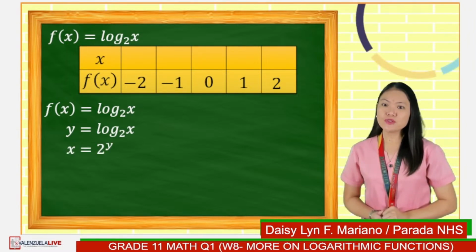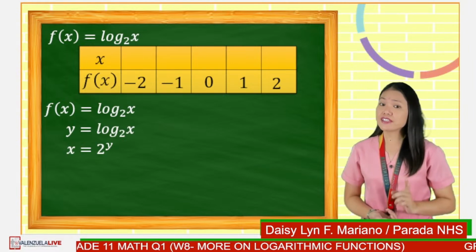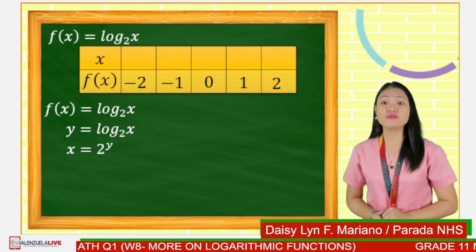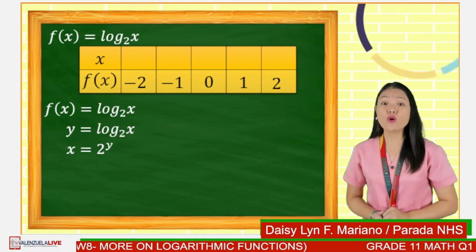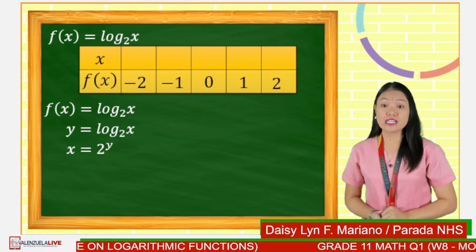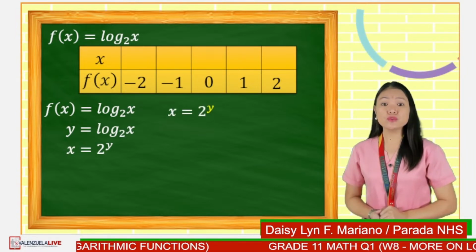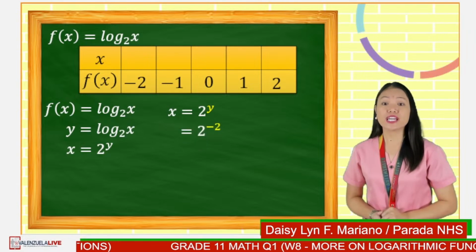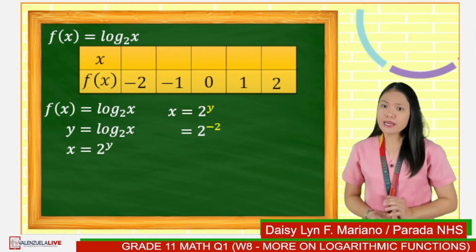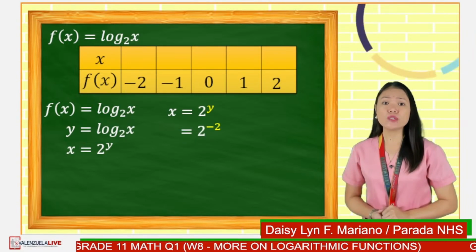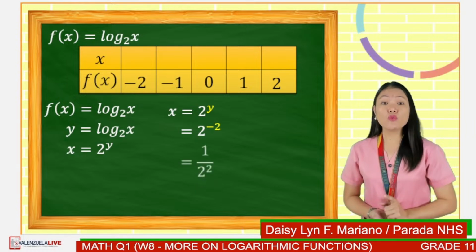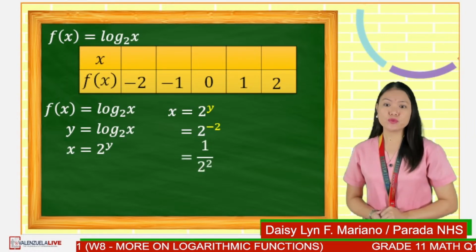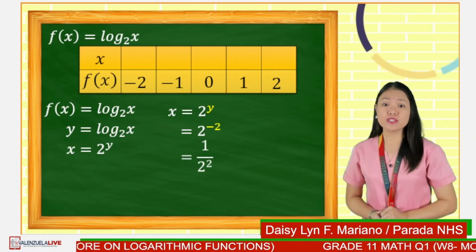We are now ready to solve for the values of x. That is, we substitute values of y to our equation one at a time. We substitute negative 2 to the variable y, and we have 2 raised to negative 2. By laws of exponents, this is equivalent to 1 over 2 raised to 2. 2 raised to 2 is 4.